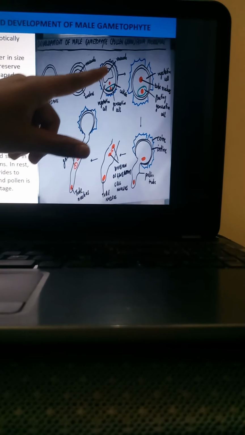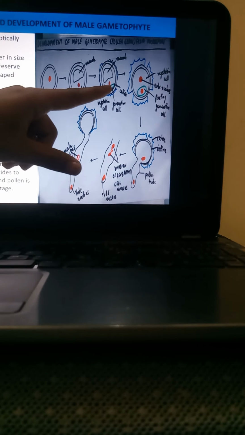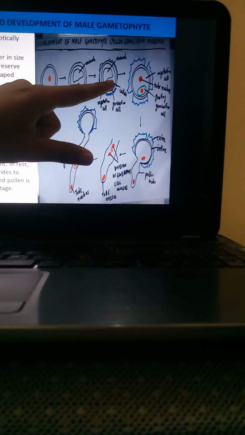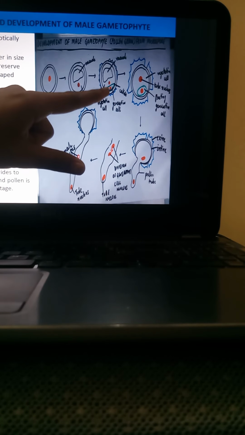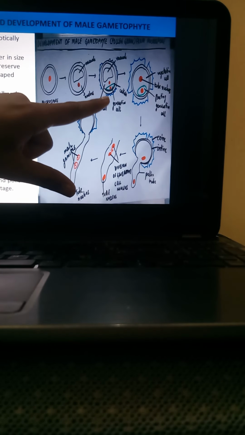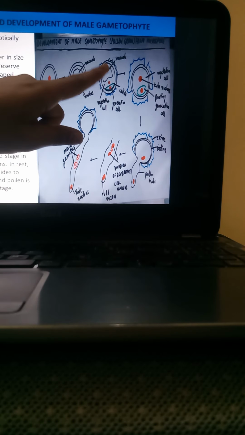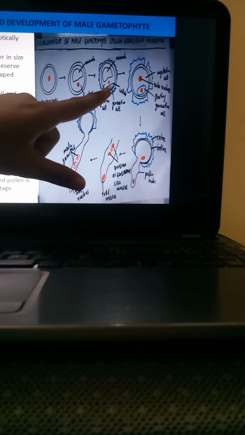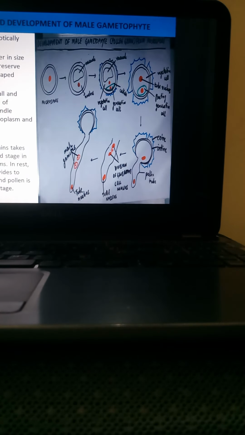However, due to the formation of this large vacuole, cytoplasmic division is not even. That is, one of the cells which is formed by division will have a large amount of cytoplasm, whereas the other cell which is formed here near the periphery has very small negligible amount of cytoplasm, which means a larger cell is being formed and a smaller cell is being formed.